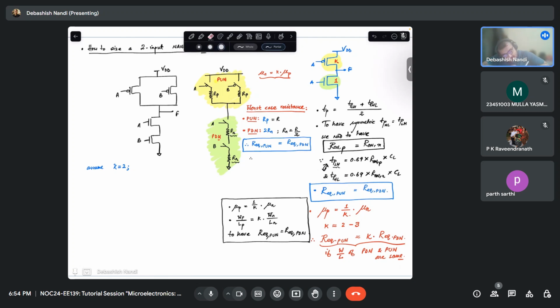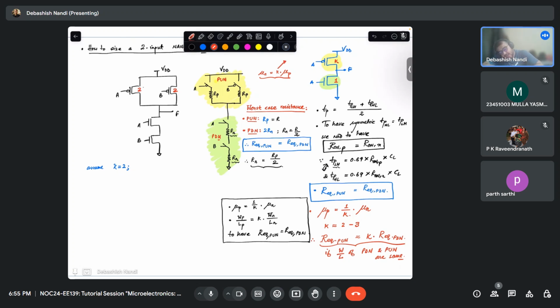So if Rn is to be Rp by 2, can I say that for this individual transistor size, let me do it here. By default, you know that this will be 2, right? This 2 is coming from the value of k equals 2.